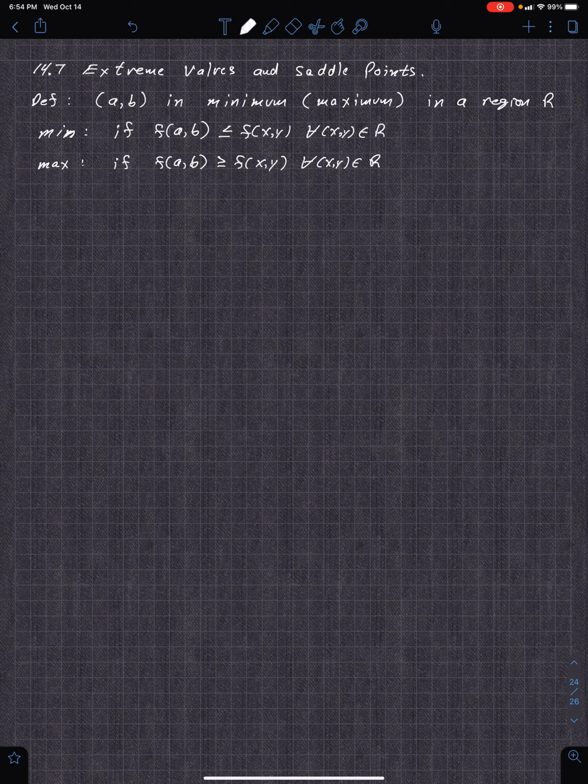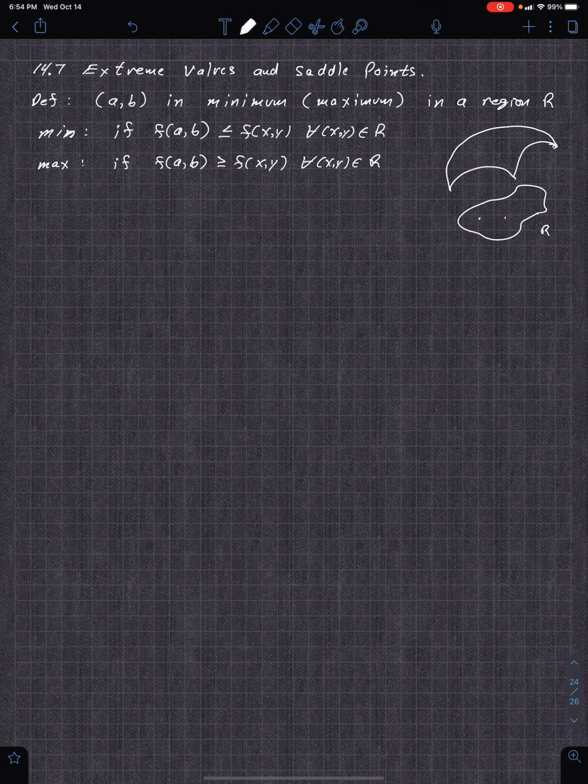So basically you have some region. Let's just do a little diagram here. So you have some surface like this, a usual generic surface. And then you have some region R down here in the xy plane underneath the surface.